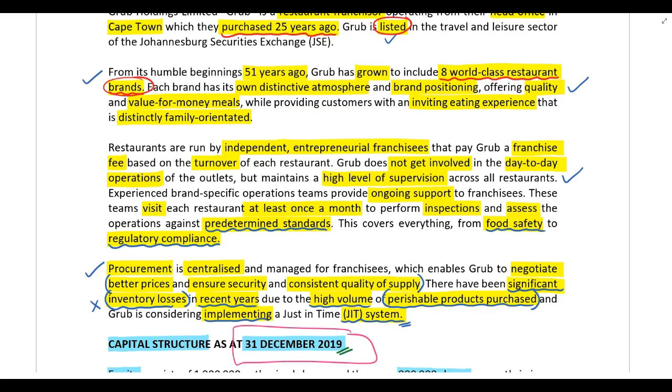Then in addition to that, guys, we know that we are dealing with a franchise model over here, and the company's been going for 51 years. So they've obviously managed to create a successful franchise model that works for this group. So that's a process or an intangible asset that gives them a competitive advantage.